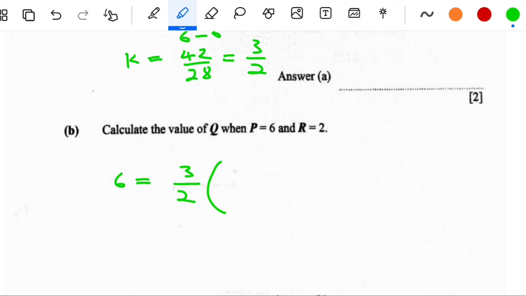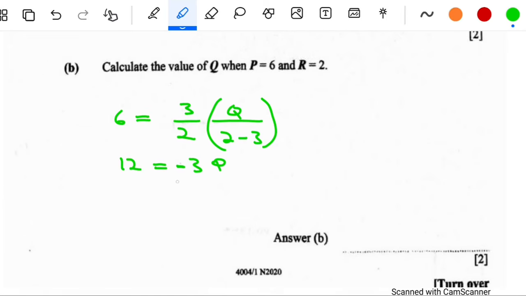Our Q is the one that we are looking for. Then our R is what? Is 2. So I'm going to simplify that one. I'm going to get 12 equals 3Q divided by negative 1. So I'm going to get negative here. So my Q equals negative 4.